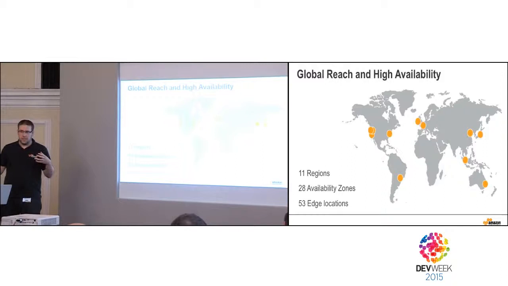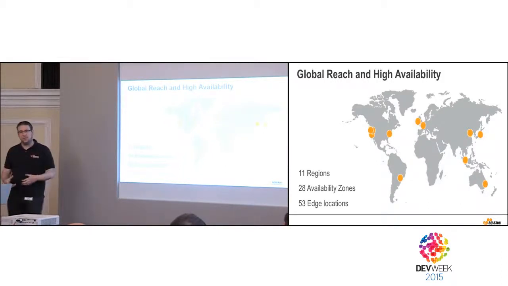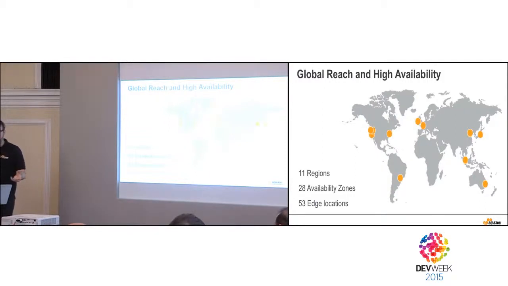That's exactly the goal of it: you can architect highly available infrastructure just by using AWS in a single region. We have 28 of these availability zones, which are clusters of data centers. An availability zone is at least 1 data center, and the biggest region has availability zones that can have more than 5 data centers. So we have quite a few data centers, and that's really what you want in the cloud, a large infrastructure that you can use.